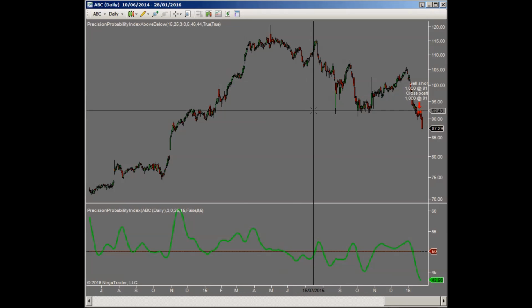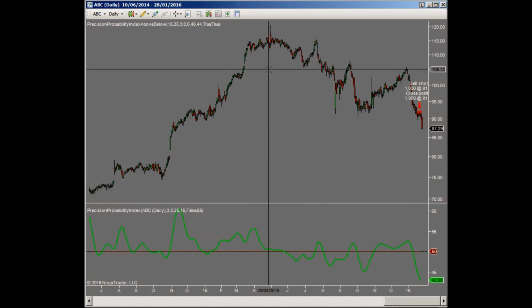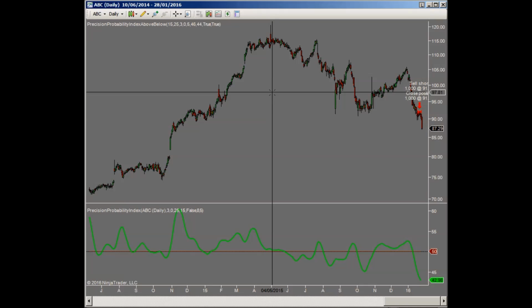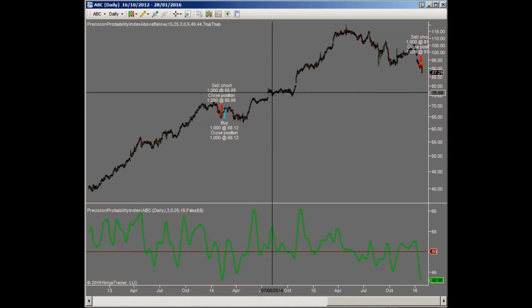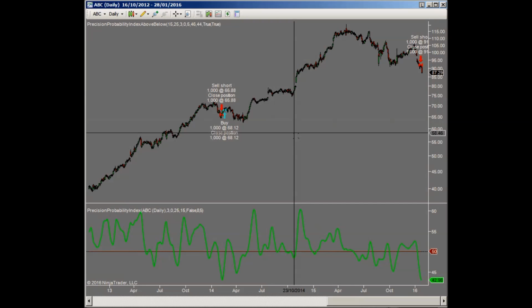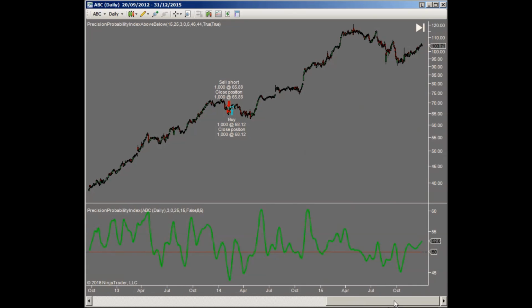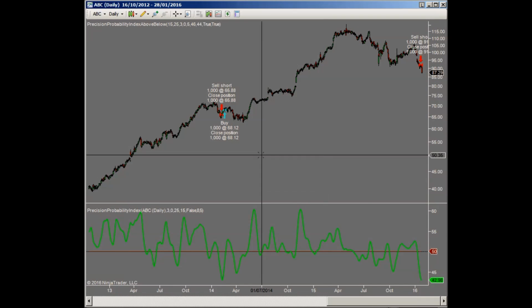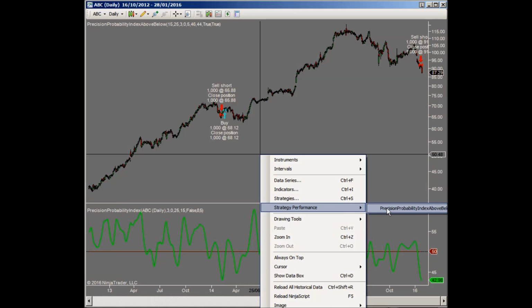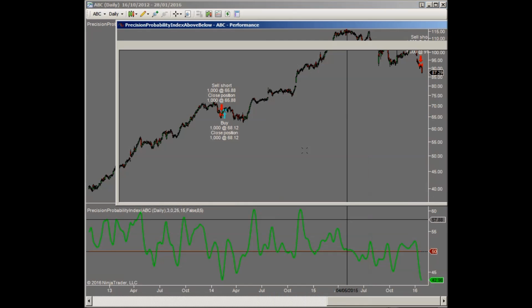The same mechanics would apply if this was put on a 5-minute chart. You can see the charts all look the same when you don't know what the time frame is. And I'll show you the difference in the trades.